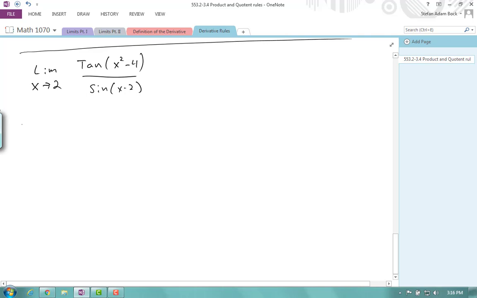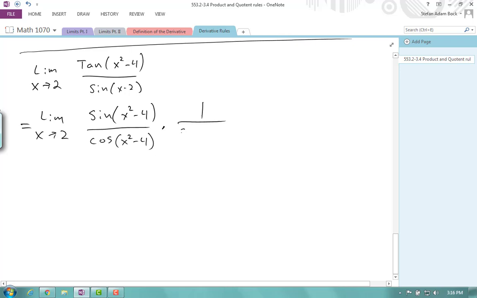But I'm going to split this tangent because tangent is equal to sine over cosine. So I'm going to have the limit as x goes to 2, and I'm going to write it like this. I'll have the sine of x squared minus 4 divided by the cosine of x squared minus 4 multiplied by 1 over the sine of x minus 2.